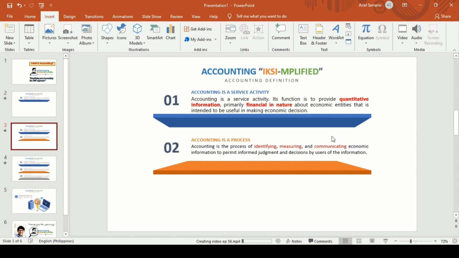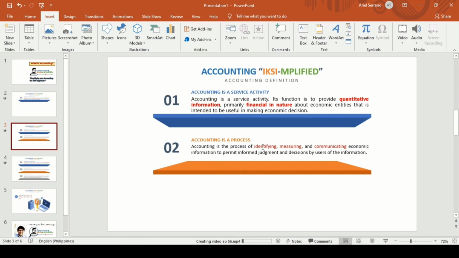In this case, we have to identify transactions that can be accounted for, because not all transactions can be accounted. There are certain transactions in the company that cannot be recorded simply because there are no financial effects. Okay? There is no financial implication.